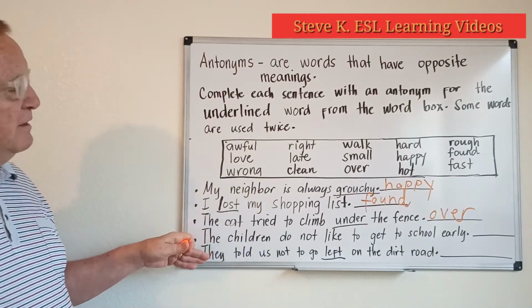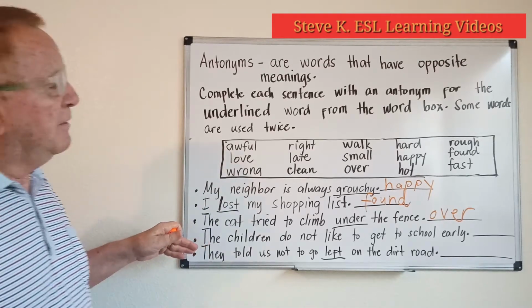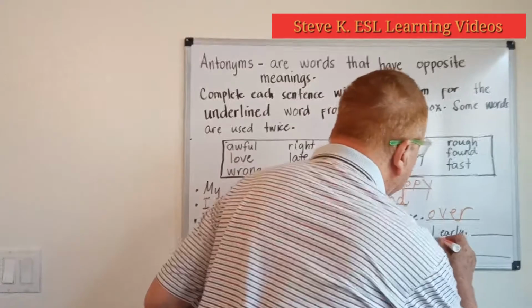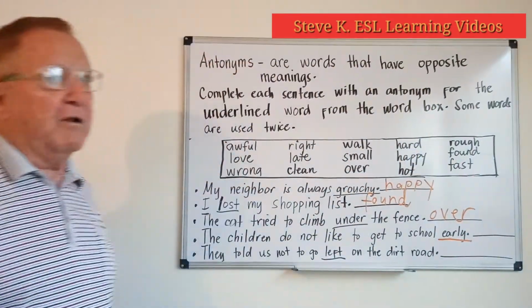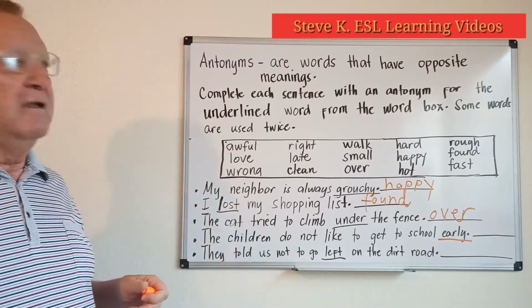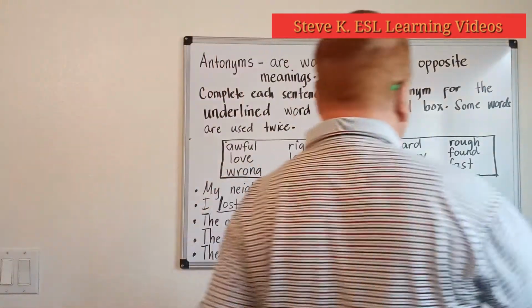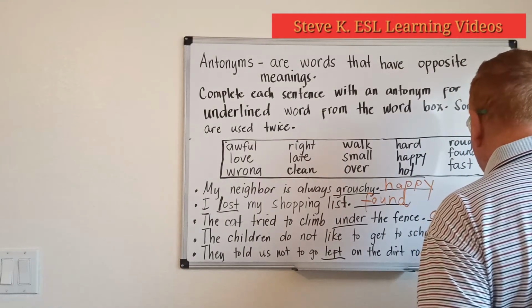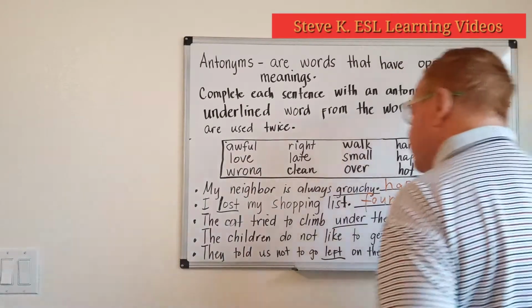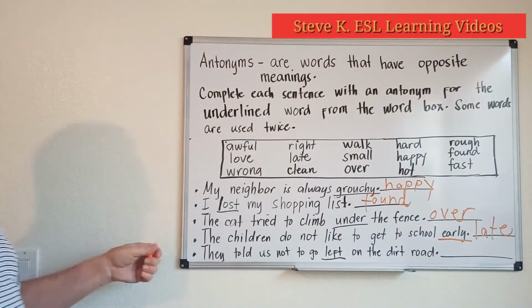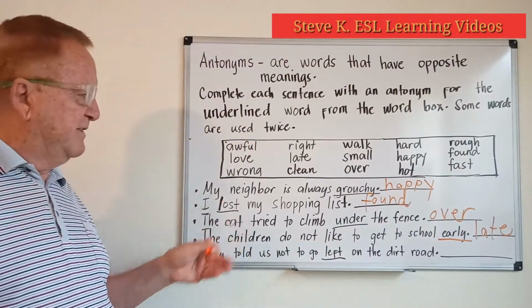The children do not like to get to school early. Underlined word there should be early. And the opposite of early is late. The children do not like to get to school late.